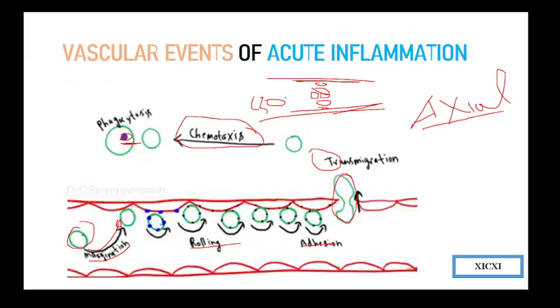It is one of the complement components which acts in chemotaxis, and it will go and bind the antigen which is here. After reaching there with the help of chemotaxis chemicals, they do what you call phagocytosis. They will engulf and then eat this bacteria.